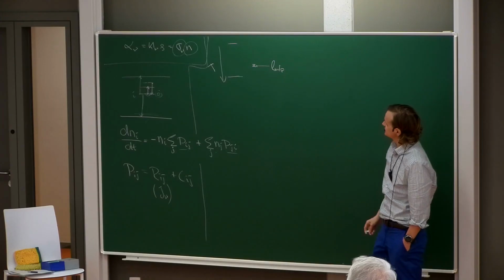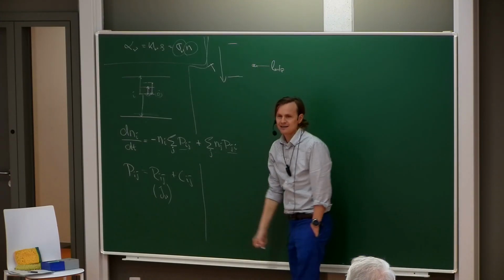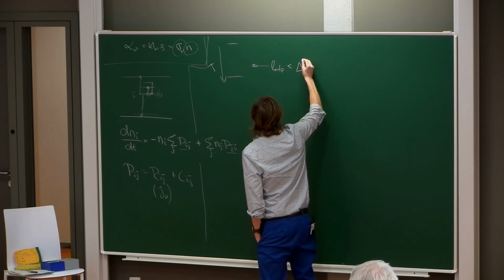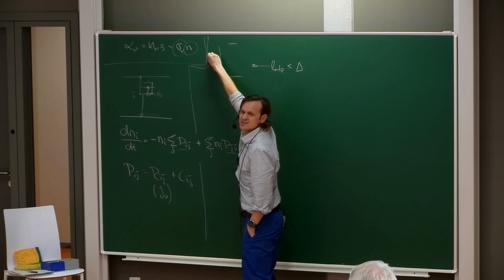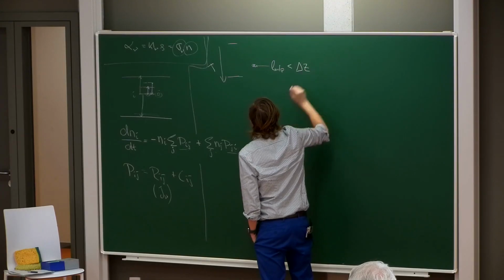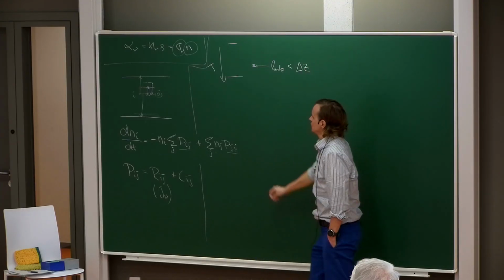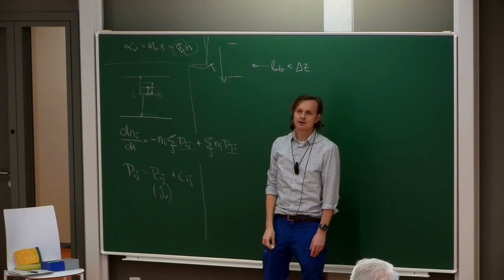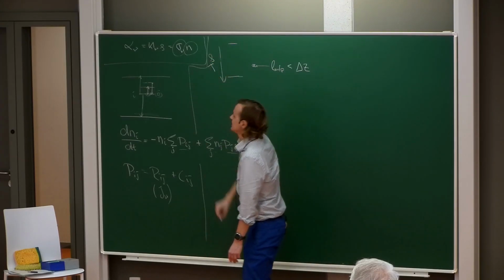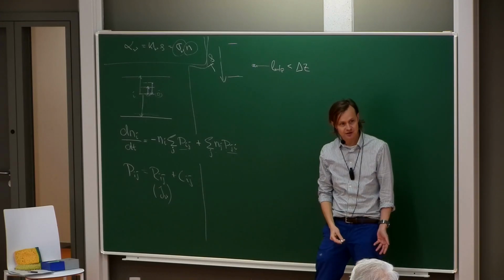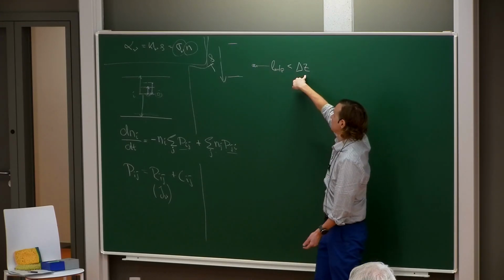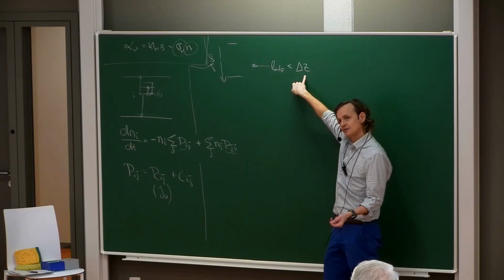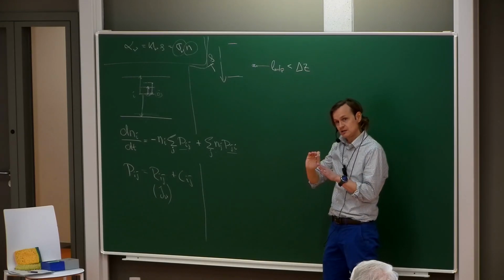typically what you can say is that if this mean free path of the photon is smaller than some typical length, in this case on the c-axis, let's just say delta c, over which the thermodynamic variables such as density and temperature change significantly, then typically we can assume that the thermodynamic equilibrium holds locally, okay?